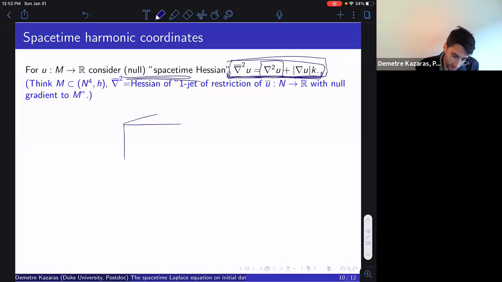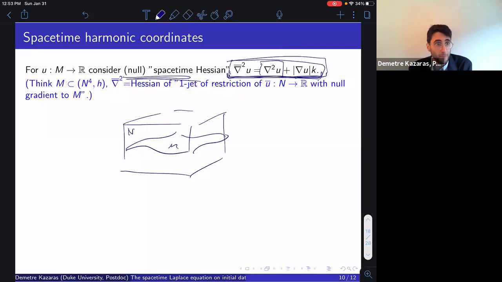Suppose you have your M lying in some Lorentzian manifold N. Now suppose you have a function, say u bar, on the entire space N. Imagine you take the usual Hessian using the connection from N of u bar, using the fact that it's a function on the ambient four-manifold.